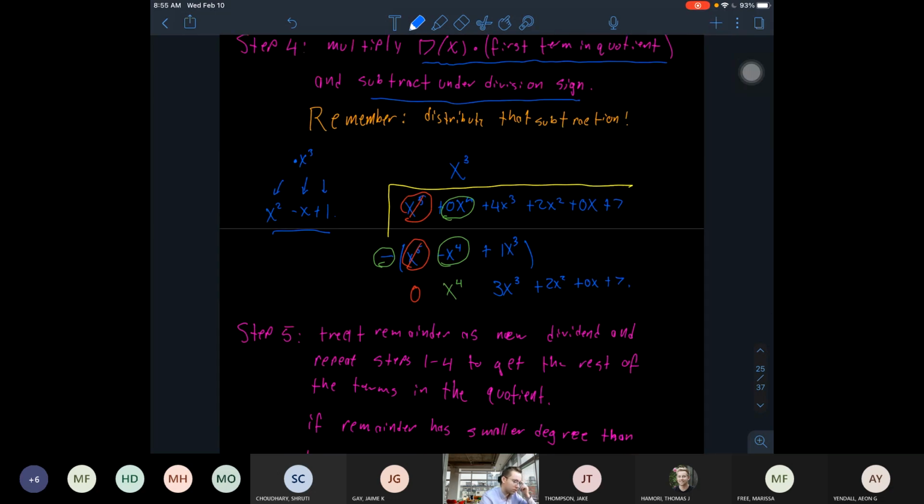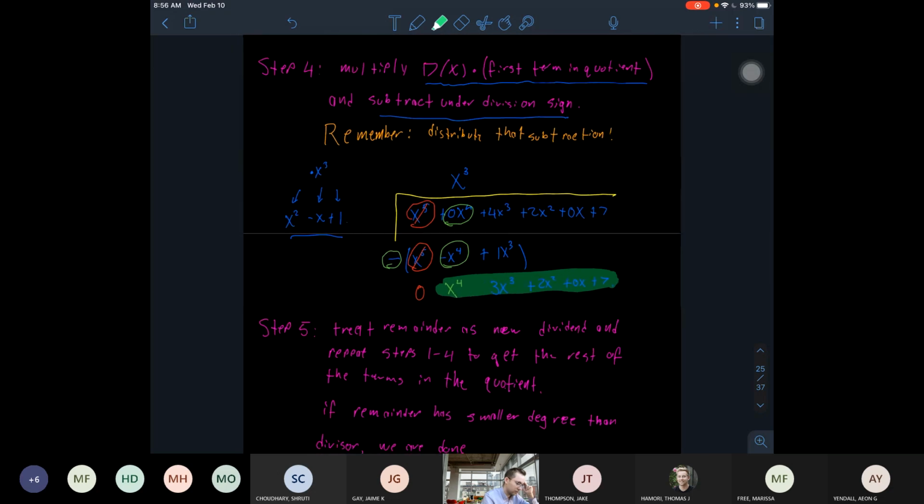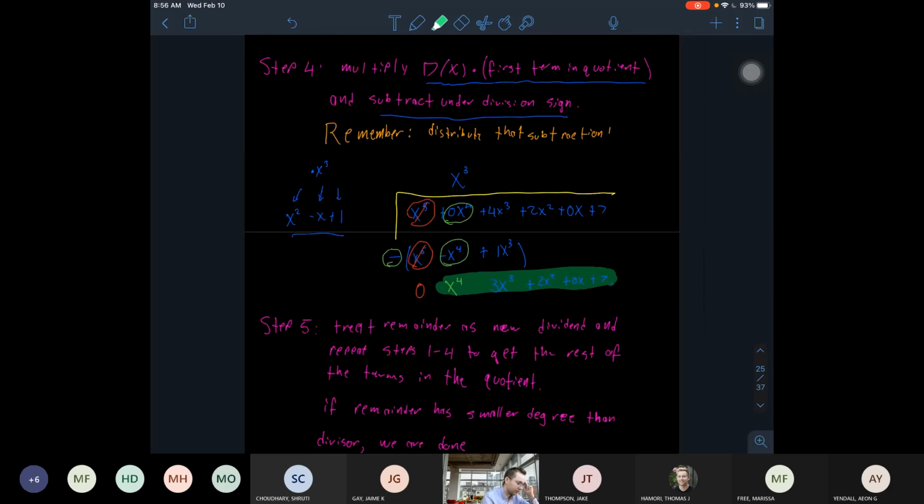Okay, so now what do I have? Sometimes we call this the remainder. I don't like that terminology because it gets confused with the final remainder, but this is technically the remainder of dividing out x cubed times our divisor.